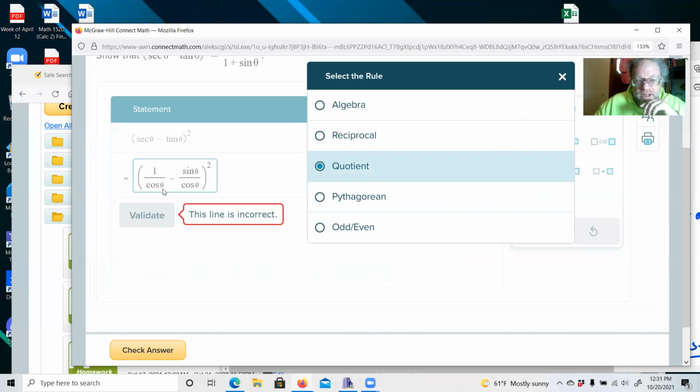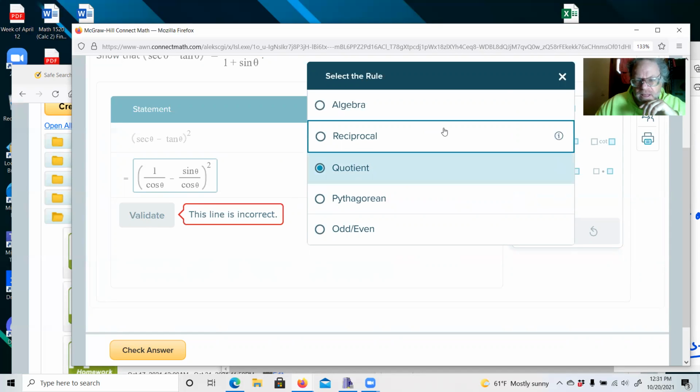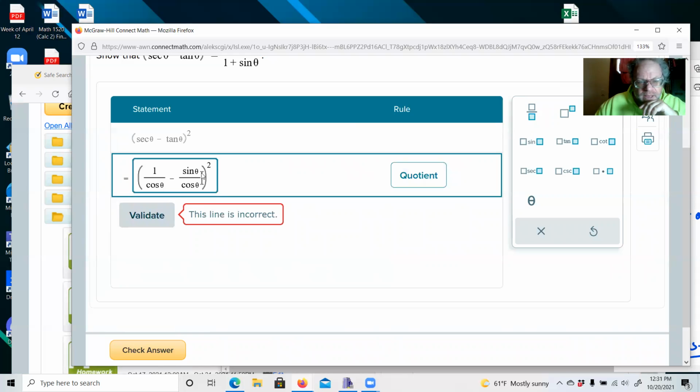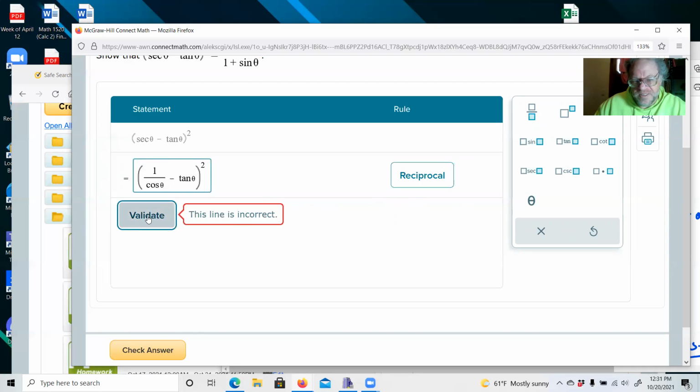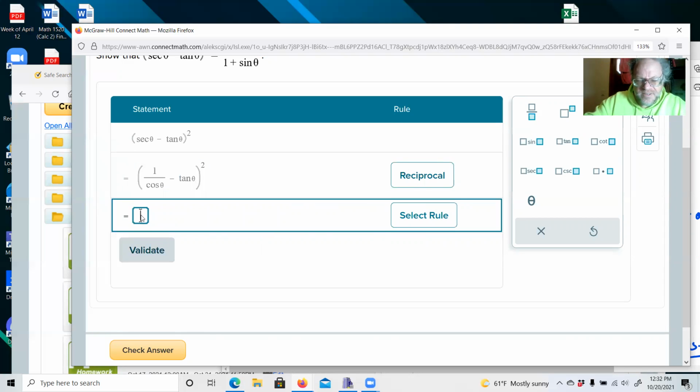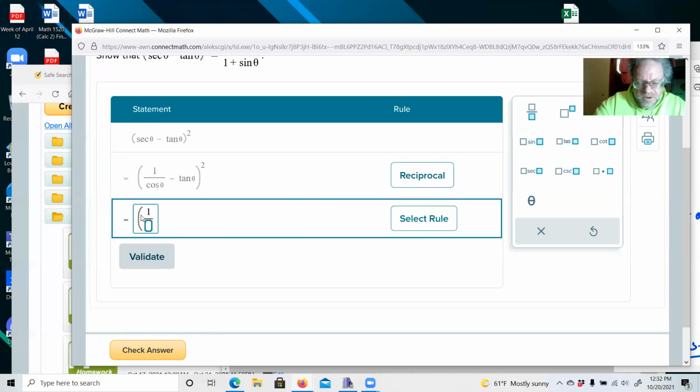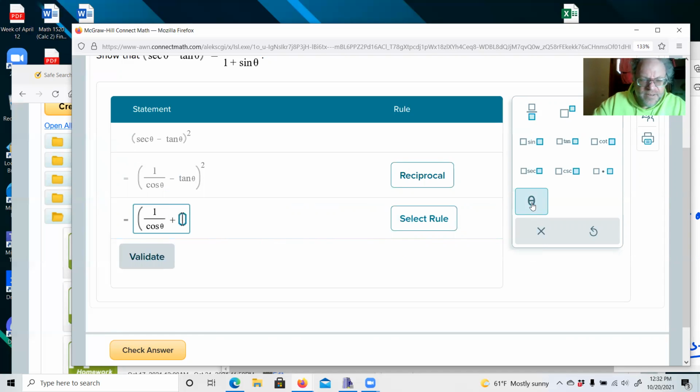I know why it was incorrect. Because we're doing two things at the same time. This still has to be tangent of theta, so that we can say that this is a reciprocal rule. Okay. So now 1 over cosine theta minus, parentheses, sine theta over cosine theta.